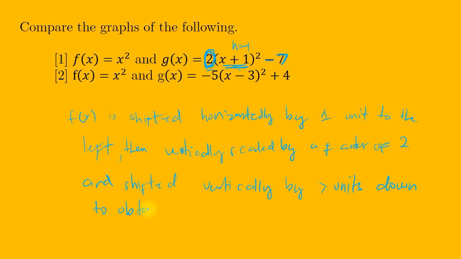So that's it. If you're going to figure that out, if this is x squared, let us say this is 1, because negative 1, and let us say this is negative 7. So the graph is now being moved to the left by 1 unit.